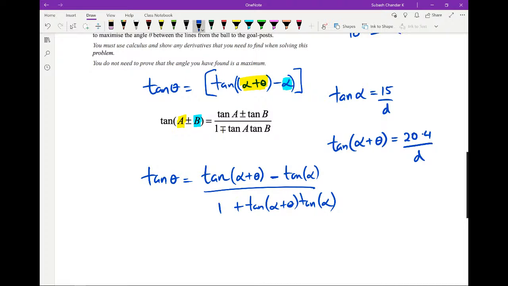Okay, because we have this, now what we can do is we can rewrite this because we already got what tan alpha plus theta is. That's 20.4 over d. And we also have what tan alpha is because that's 15 over d.